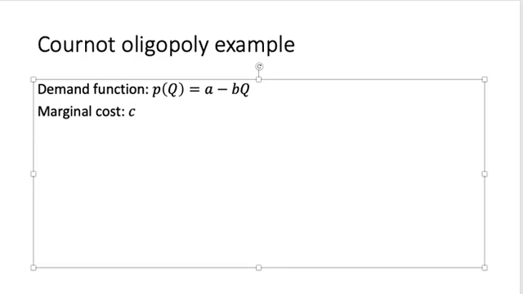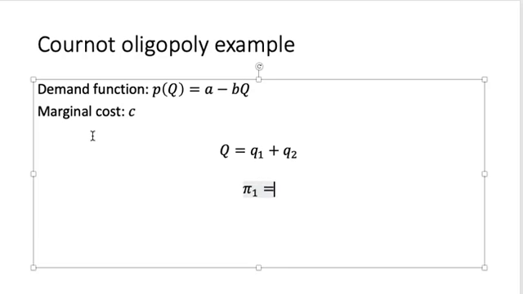So we have assumed that this is your demand function. Definitely this big Q is the sum of the output of firms 1 and 2. So therefore, the respective profit functions for both firms would be given by phi.